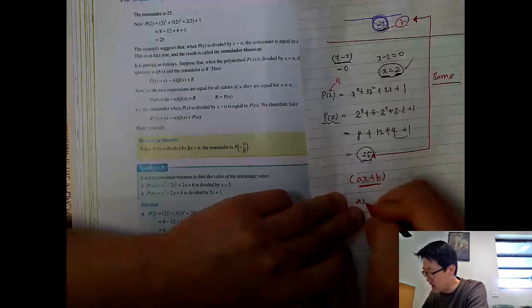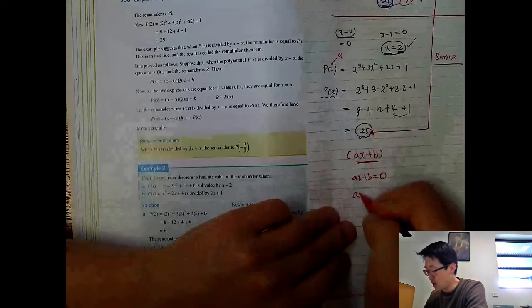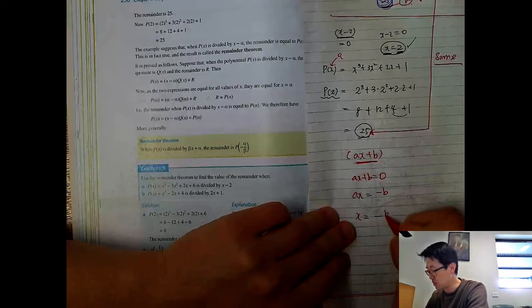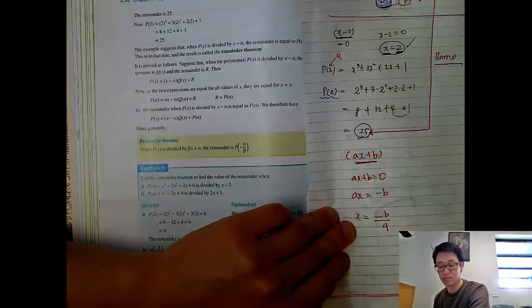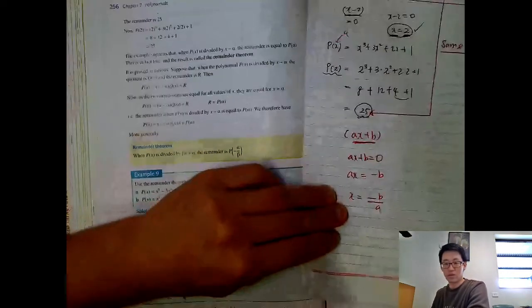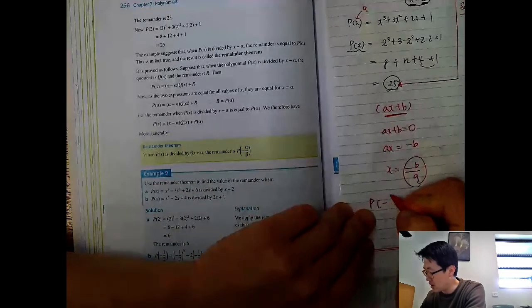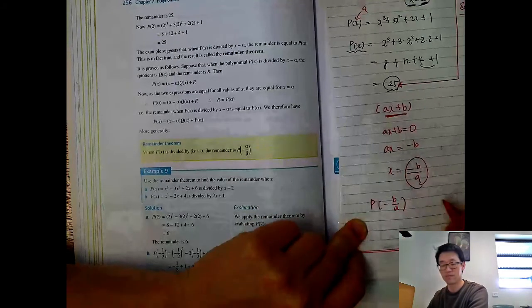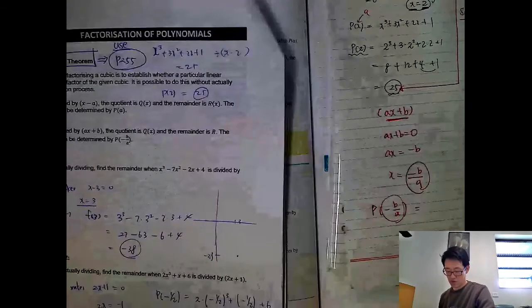So ax plus b equals what? 0. ax equals minus b, x equals minus b over a. So I put into the polynomial x equals minus b over a. That's what you can put in with different ones.